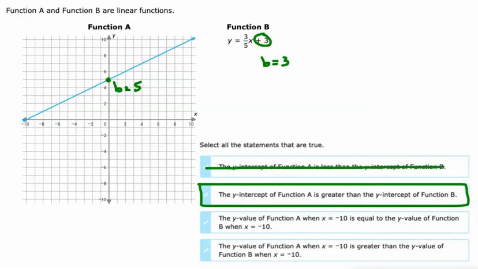All right, and then the second set's asking about the value of the function when x is -10. So at -10 on function A, y equals 0. It's actually the x-intercept. And on this one, let's plug in -10 into this function here.